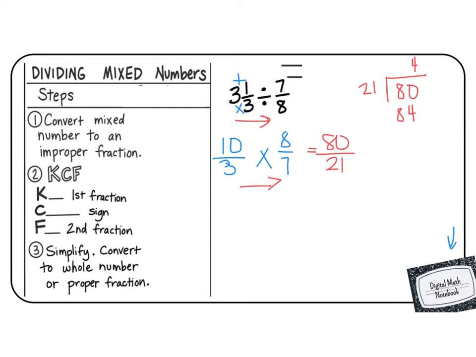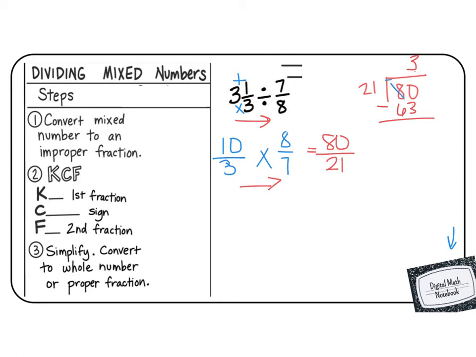Okay, hold on. Let's erase. That means we have to go in 3 times, which is going to be 63, and then we're going to subtract. Okay, so we can't do 0 minus 3. We have to borrow.